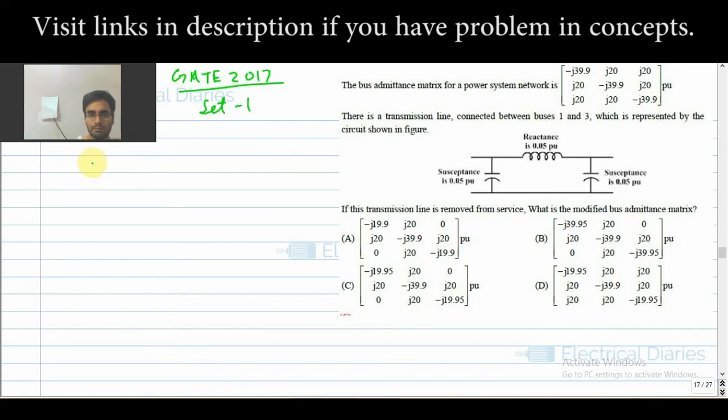Now we have to modify the given Y bus matrix.